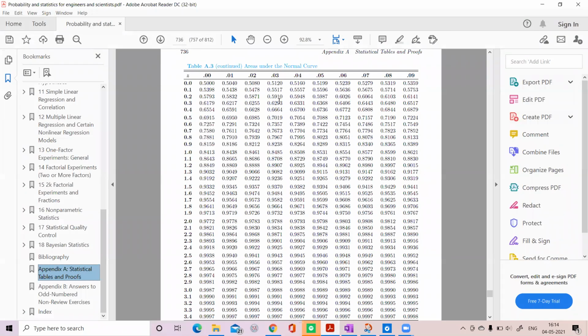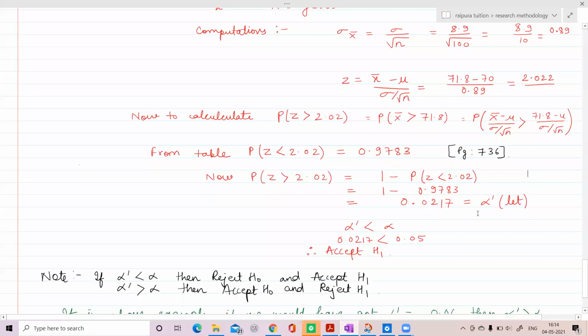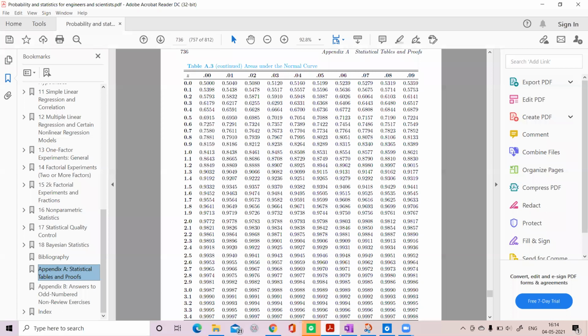So how have we calculated this? On page number 736 of the book, you need to go to 2.0. Since this number is 2.02, we will break it as 2.0 plus 0.02, and then check the corresponding value of 2.0 against 0.02 from the table.